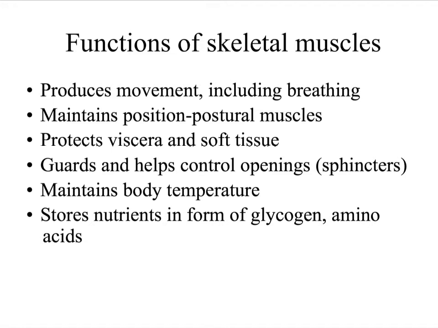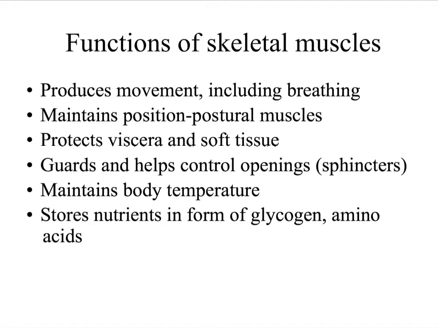So skeletal muscle also provides a storage of things like glycogen. We've talked about glycogen a little bit. That is the storage form for carbohydrates in animal tissue. Also amino acids. We've talked about the fact that amino acids form proteins. So if your body is in a starvation mode, if your body has used all its carbs, it's used all its fats, then and only then is it going to choose to break down skeletal tissue.